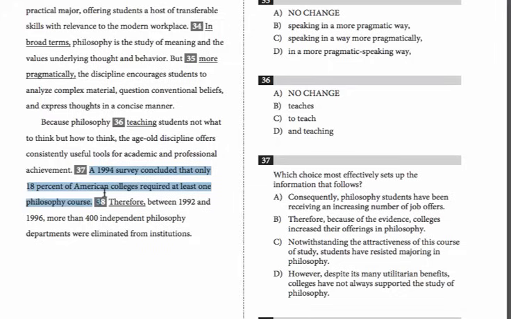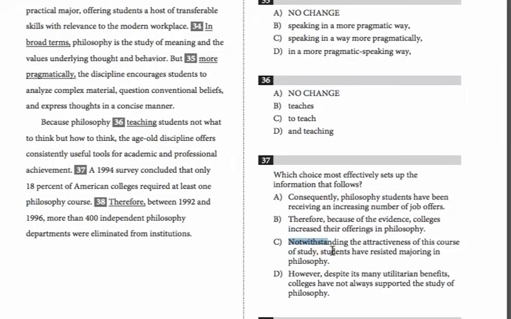So which one of these sets up the fact that very few colleges offer much? So we have, A, consequently, philosophy students have been receiving an increasing number of jobs. What does that have to do with this? I hate that. B, therefore, because of the evidence, colleges increased their offerings of philosophy? No, exactly the opposite of what we want. We want something that says that they don't, right? They have less philosophy. That's terrible. C, notwithstanding the attractiveness of this course of study, students have resisted majoring in philosophy.